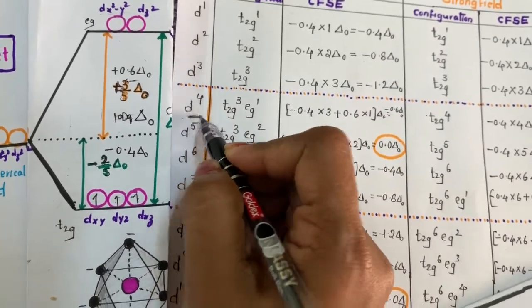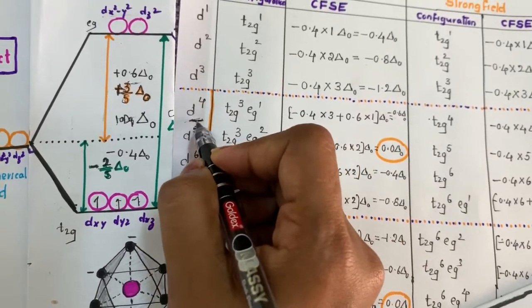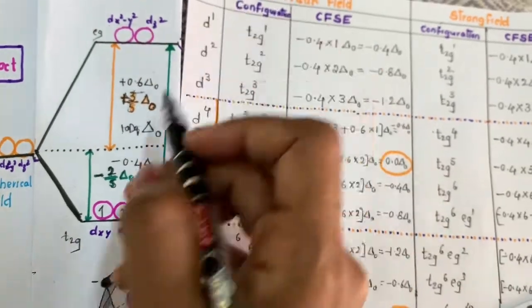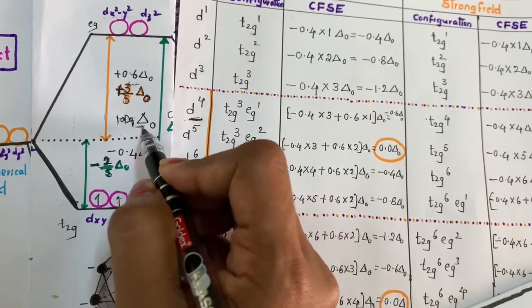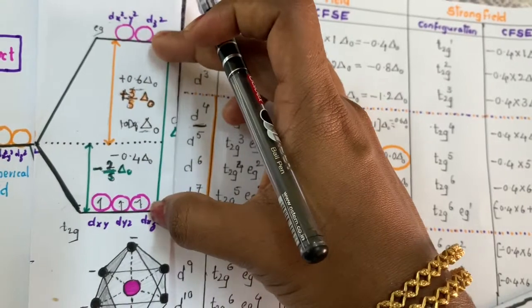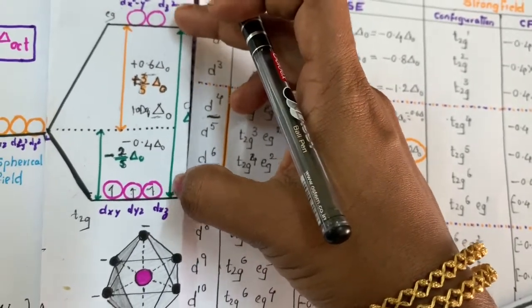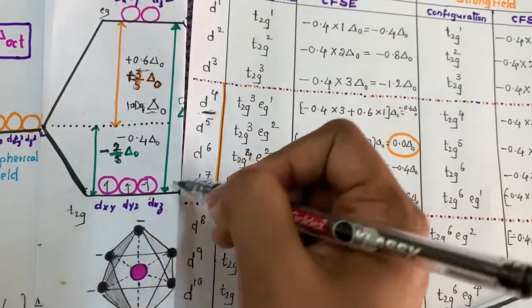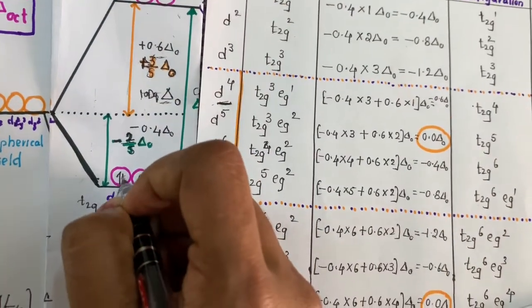Suppose it is a strong field, that means the splitting is greater, and delta O is greater. As the energy difference between t2g and eg is very high, the electron cannot jump from t2g to eg. So the fourth electron will enter the t2g level itself.